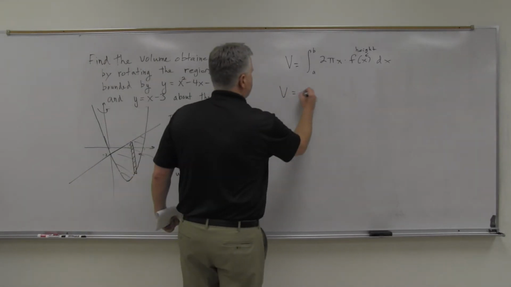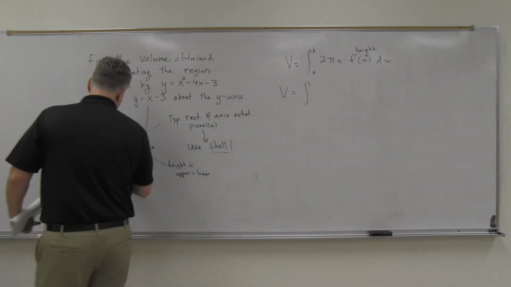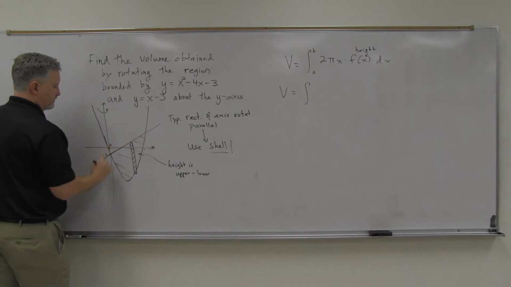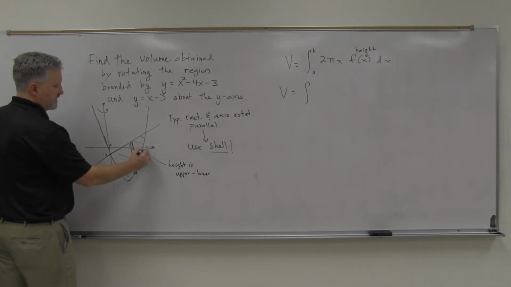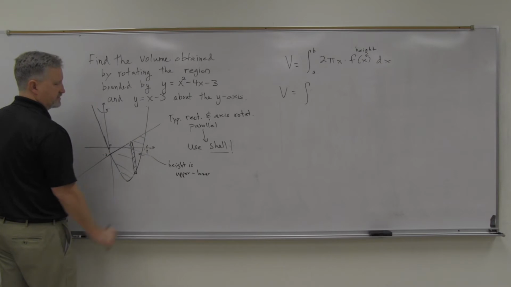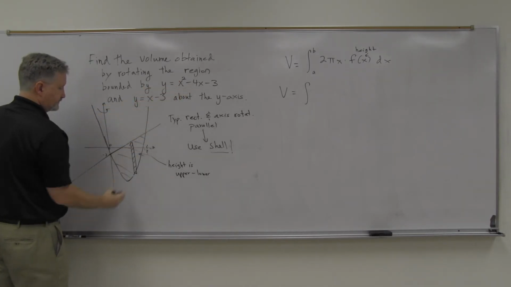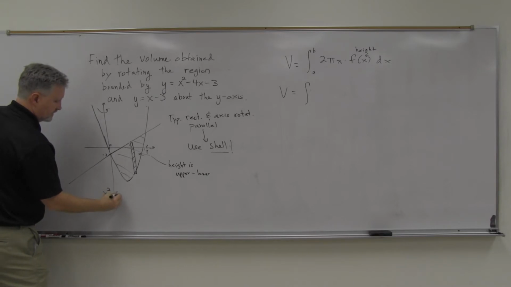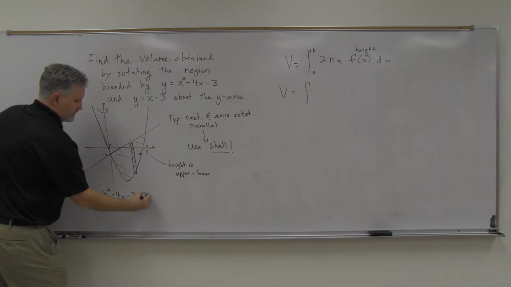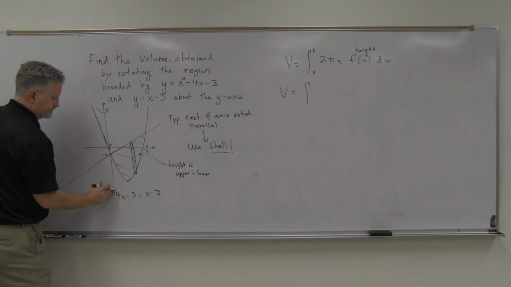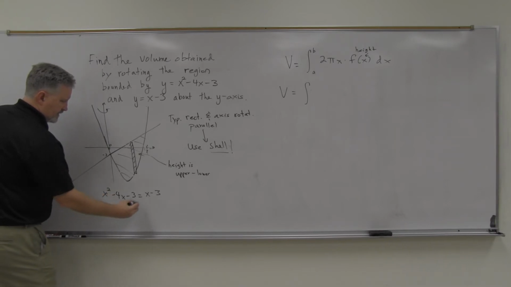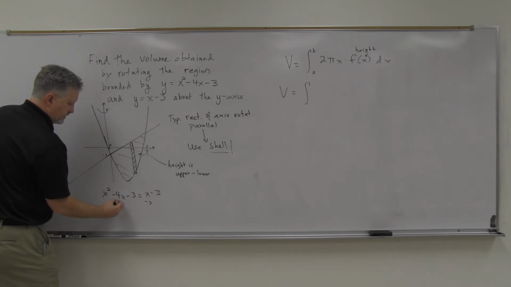All right, so the volume would be a to b. It looks like obviously one of them, the x value is 0. I've just got to figure out the other intersection x value. So to do that, just set those two equal. Get my x values. So subtract x and add 3.